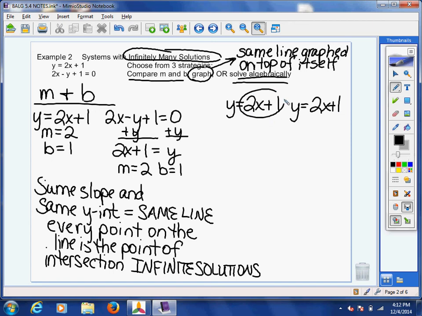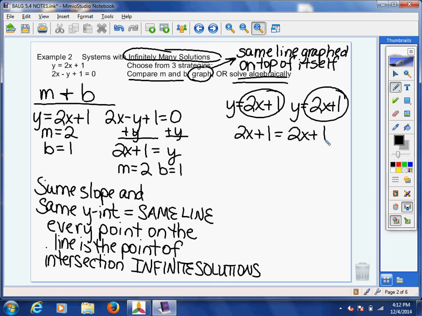So if 2x plus 1 is another name for y, and 2x plus 1 is another name for y, then they must be equal to each other. Now look, you have the same exact expression on each side, 2x plus 1 on the left and 2x plus 1 on the right. You could stop right there and say, hey, they're the same, so this is an infinite solution.